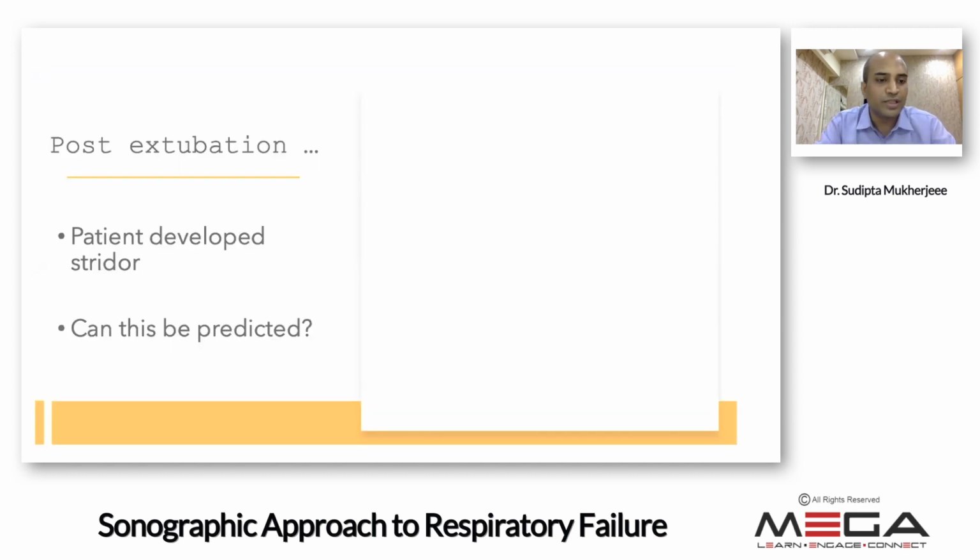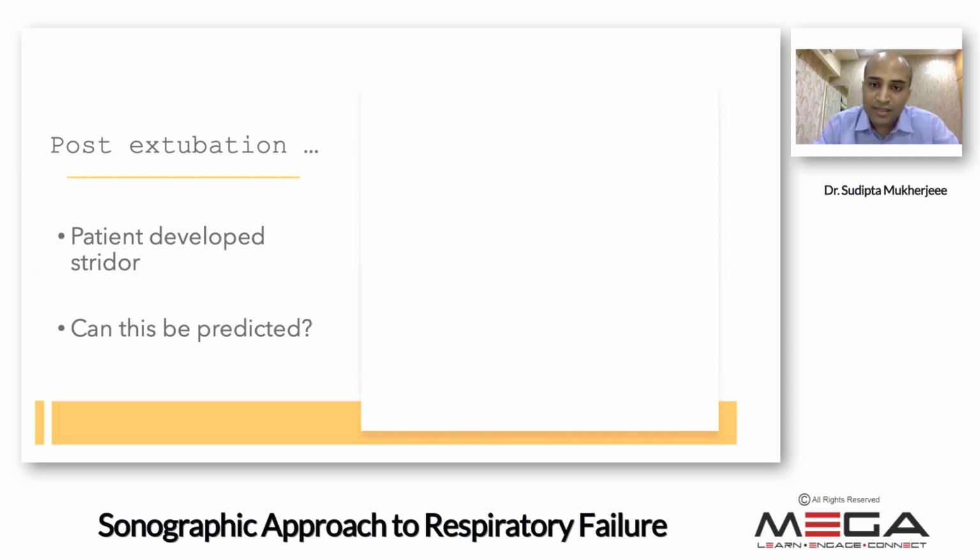Now we extubate this patient. Now the patient develops stridor. Suddenly the patient develops stridor. Can ultrasound help? Can we predict that this patient has a higher chance of developing stridor? There are a lot of different clinical findings. We can go for a leak test, but the size of the tube can be an important point, specifically if you are going for prolonged ventilation.